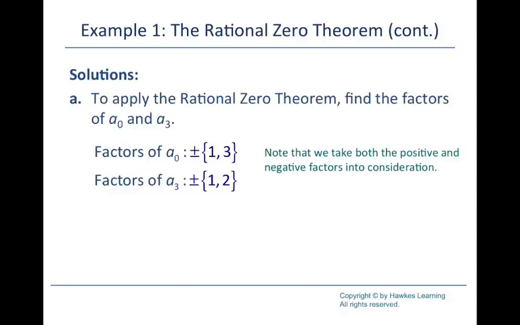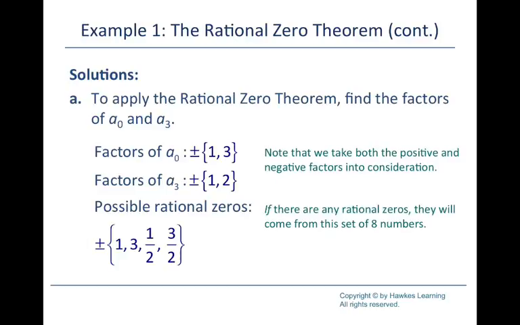So we have a sub 0 is 3, so it's plus or minus 1 or 3, and factors of a sub n, which in this case is a sub 3, because n is the highest exponent that you see in your polynomial, are plus or minus 1 and 2. We take the positive and the negative factors into consideration. And so then we're going to look at p over q.